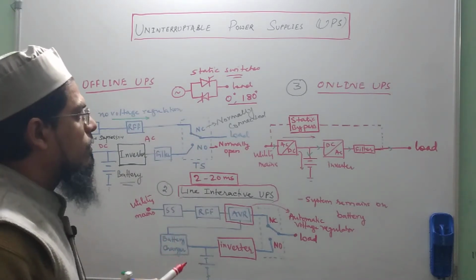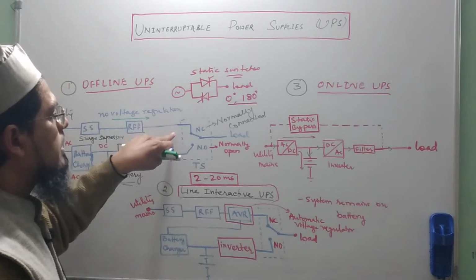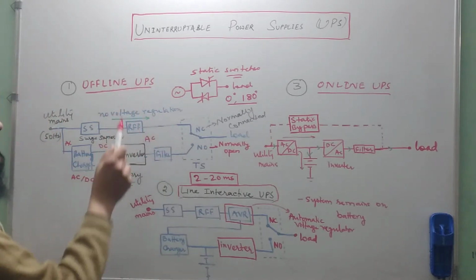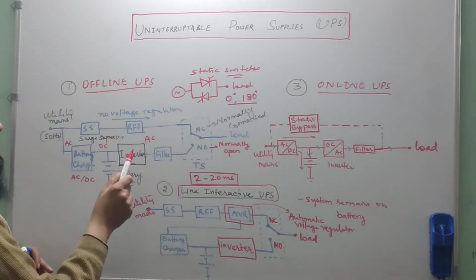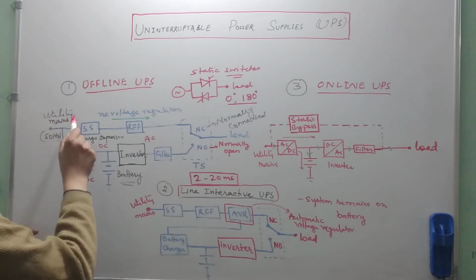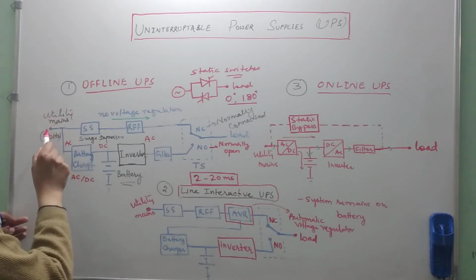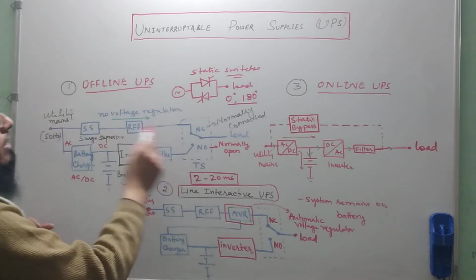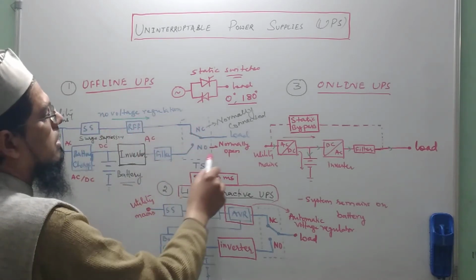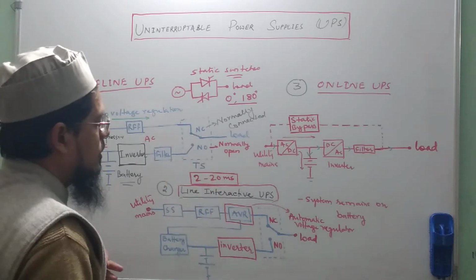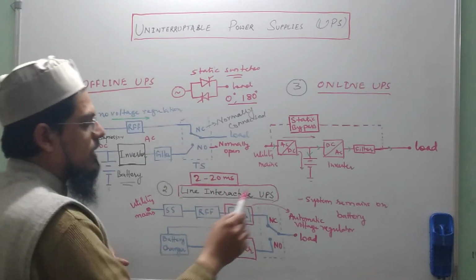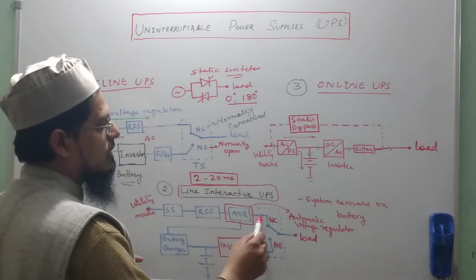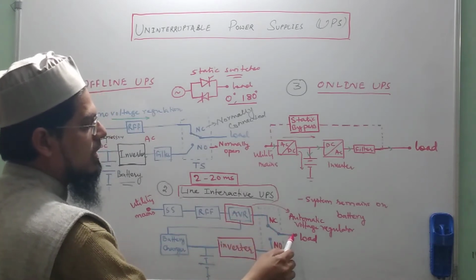So this is a certain disadvantage associated with the offline UPS, in which any type of distortion in the main supply gets connected across the load, which is not there in the case of the line interactive UPS. So this AVR ensures that the load gets a clean supply.